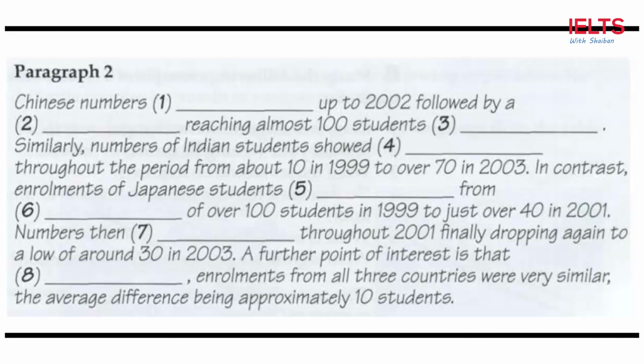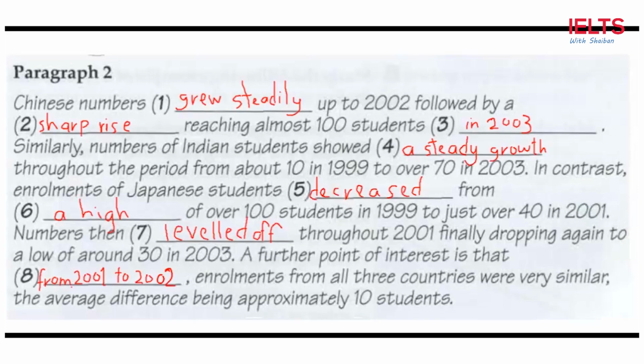Now I'll show you a model answer to this graph. As you can see here, now we have the graph with the model answer. The Chinese numbers grew steadily, because it is past tense, from 1999 to 2003. That means you have to use past tenses, and this is extremely important.